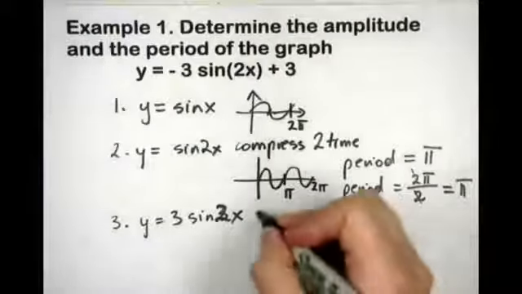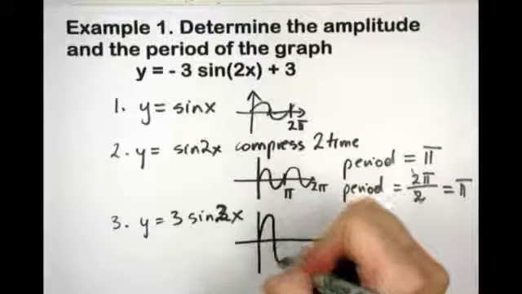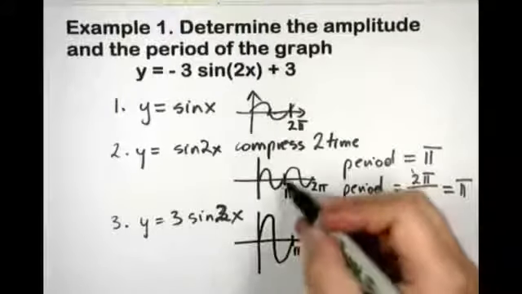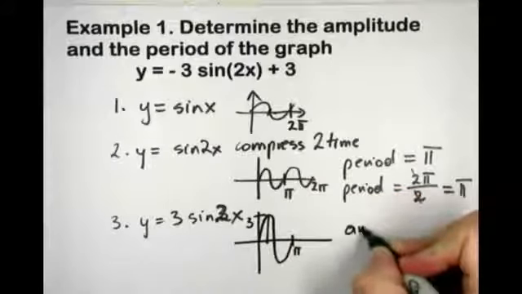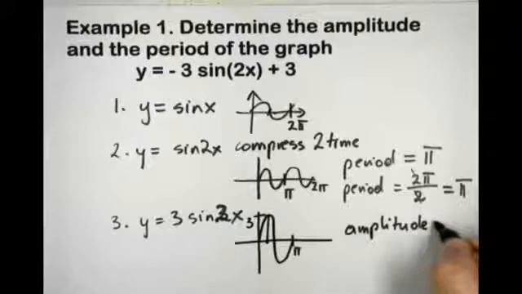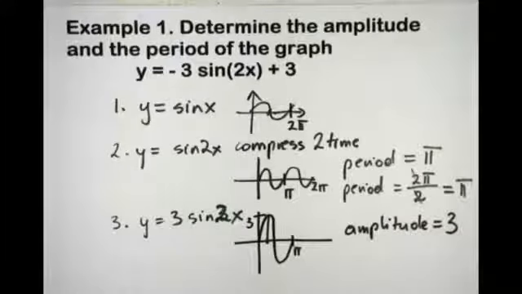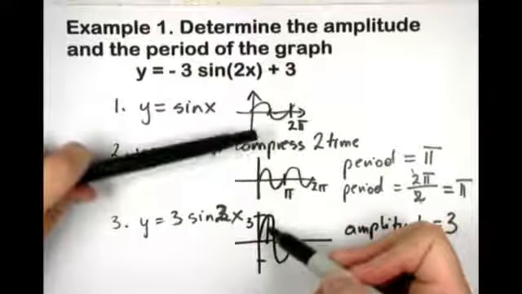So in that case, the amplitude is affected, because now the graph would go bigger. This graph is extended up to 3. So amplitude is 3. It goes through 3 and minus 3. We just stretch this 3 times.